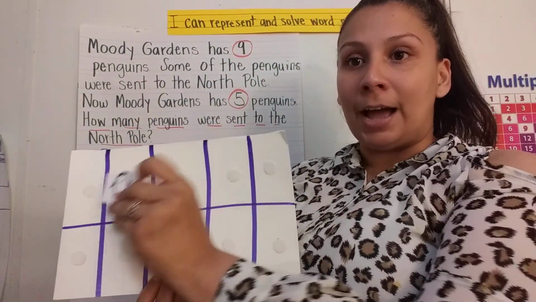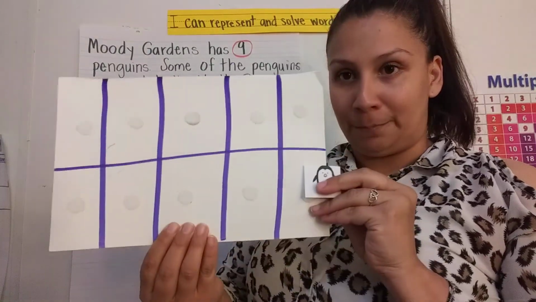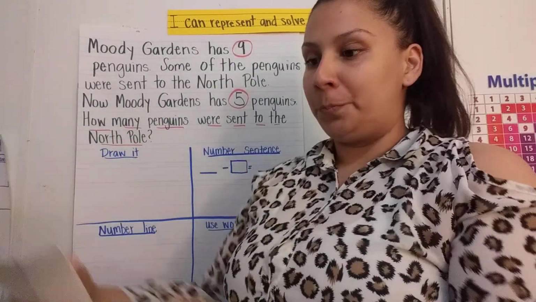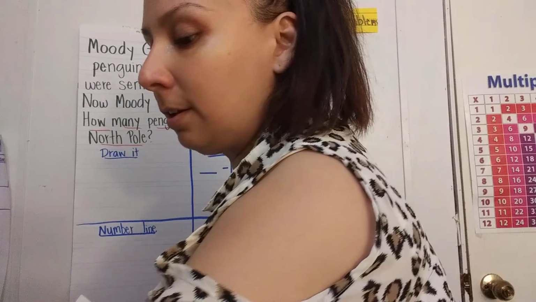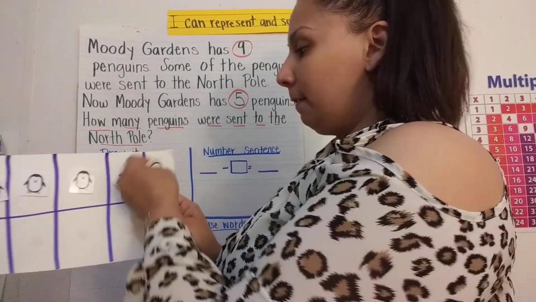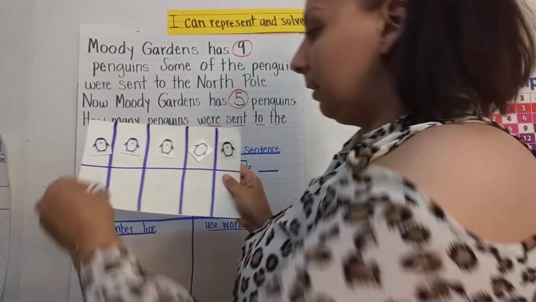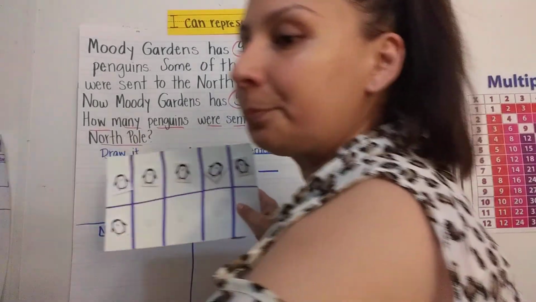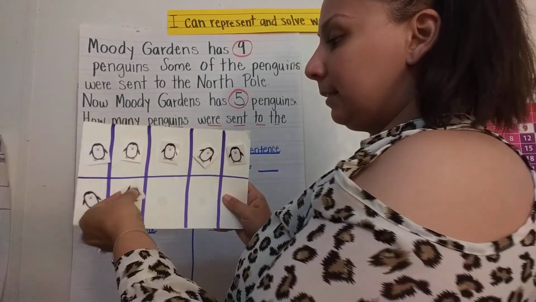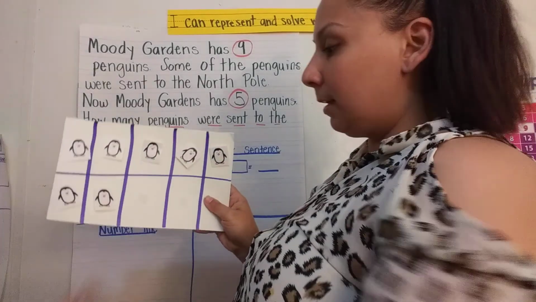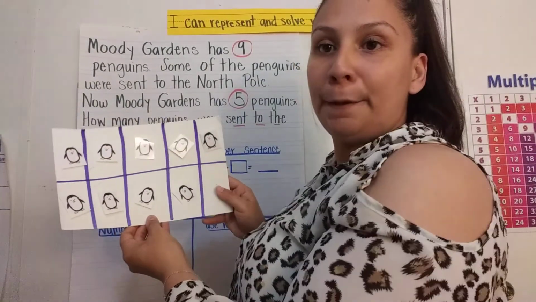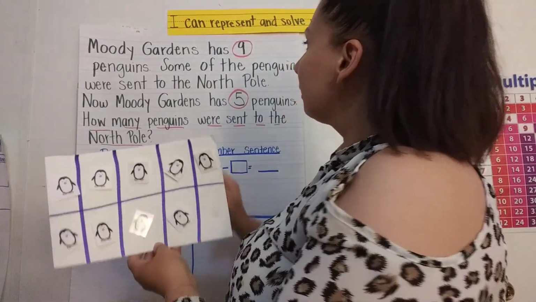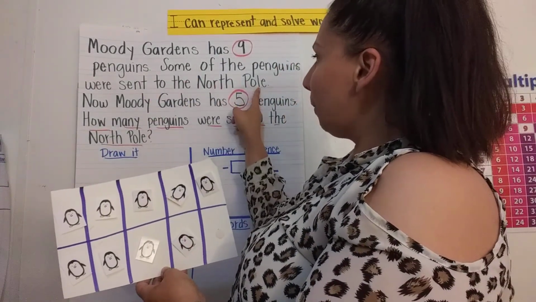So I'm going to put 9 penguins on my 10 frame. 1, 2, 3, 4, 5, 6, 7, 8, and 9. 9 penguins.